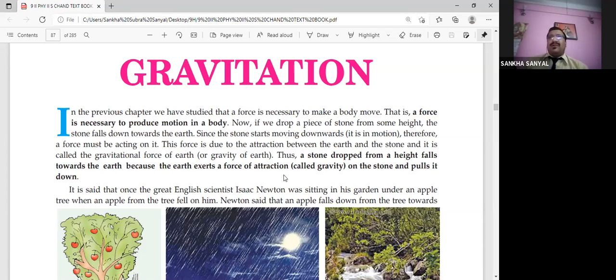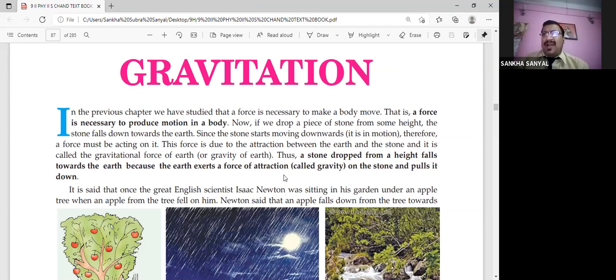A force is always necessary to produce motion in a body. And that's what we find when we drop a ball from a particular height, or maybe a stone, or for that reason any other object. When we release it from a height, we find that it always comes downwards.